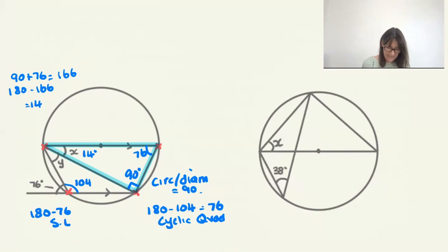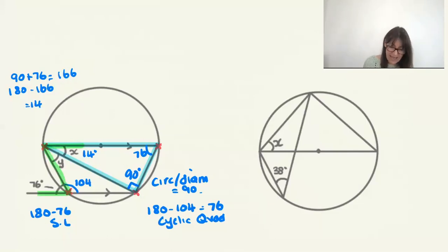Okay, now that y, I can work it out using the 76 that I was given. So let me get my little highlighter. That 76 there is on a z with the x and the y together. But because I now know what x is, then I can work out y.